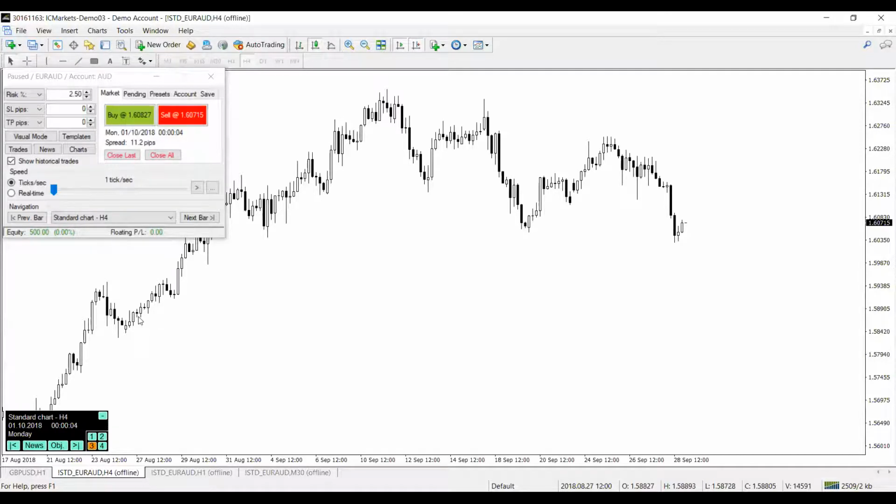Okay, this is the 4 hour. So this here was a clear uptrend with higher highs and higher lows being broken. We can see this was a trend line which was broken. Potentially we would be looking for a double top or a missed double top formation.